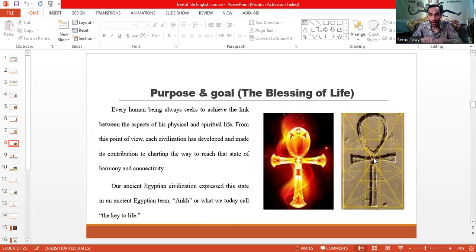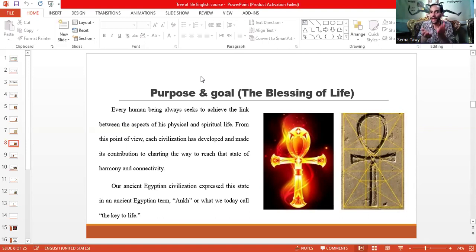So the key of life expresses the idea and the way you can reach the blessing of life. You can only catch the blessing of life if you connect and make harmony and unity between spiritual needs and physical needs.